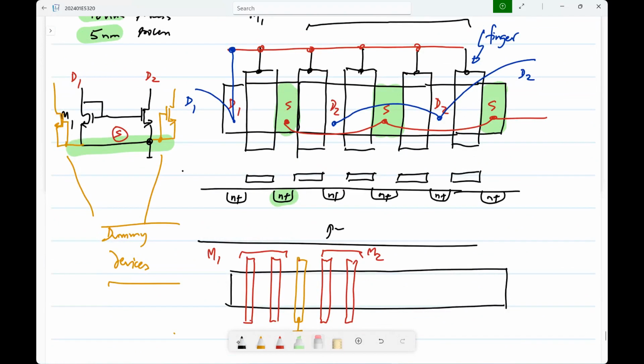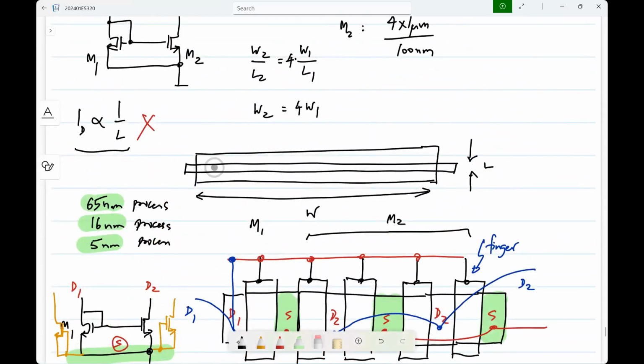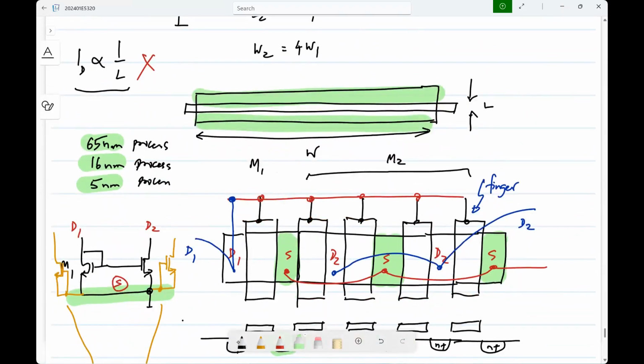If you calculate the area of the source and drain parasitics, if you have a layout like this, where you have a single long device, you can estimate that the drain and source diodes will be about half the size in this case compared to that one, because they are being shared by 2 devices each.